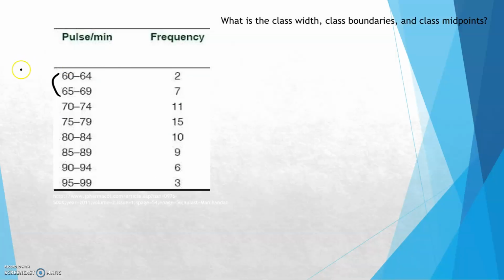So the class width here, 65 minus 60, is 5. So that's our class width. And notice that's the same for every single one of them. It's got a difference of 5. And you can also do the same thing for your upper class limits. They also have a difference of 5. Now, I'll work out the class boundaries and the class midpoints and how to get those numbers as well.